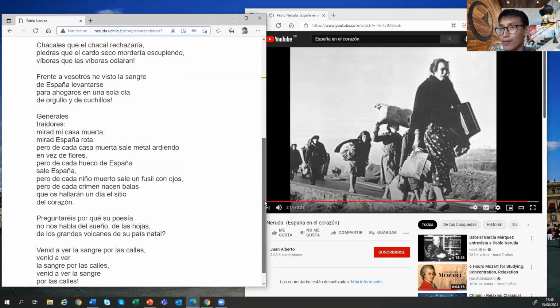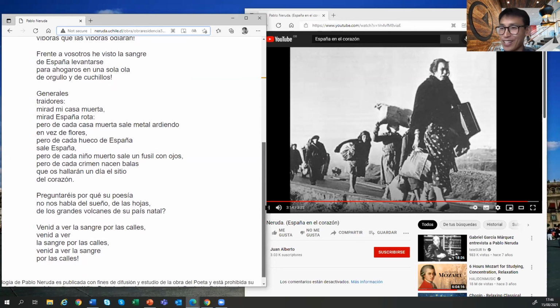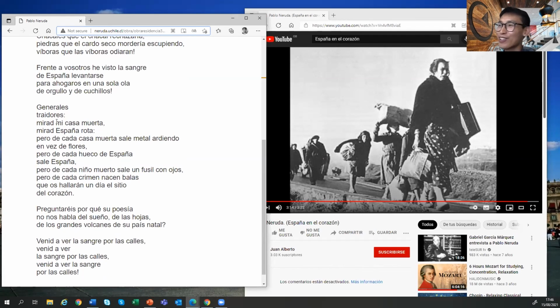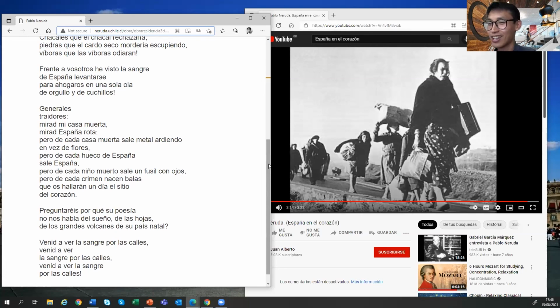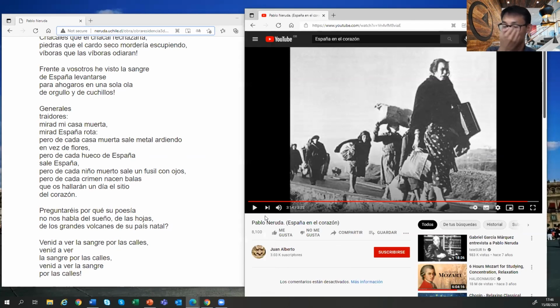Cool. So, does anyone have any thoughts, or maybe want to talk about it, or share what you think? Yeah. So basically, Pablo Neruda is a Chilean poet. At that time, he actually lived in Spain for a year or so.